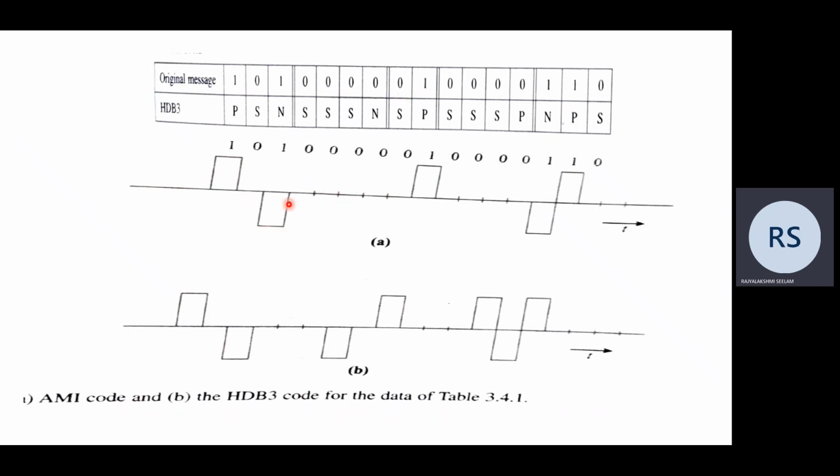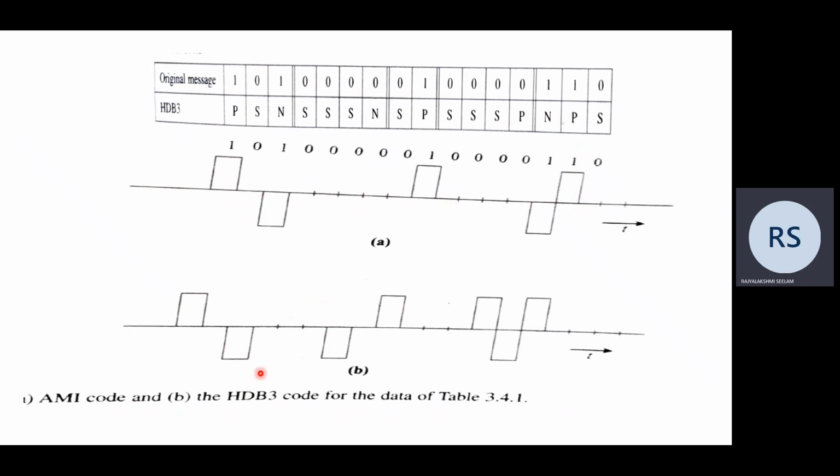For 1 here we have considered negative, so here positive. And again we have zeros. And here for 1 it is positive, so negative 1. And here P positive. Here it is negative, means it is positive, then space. So this is how we can express it in AMI.